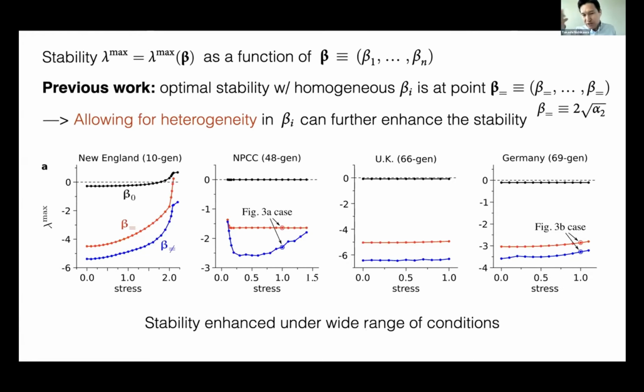And in fact, we see this in a wide range of conditions in terms of stress level in power grid, measured in terms of how much power is flowing from generators to consumers, across 4 different examples that I'm showing here. So the improvement from the red curve to the blue curve is significant across a range.